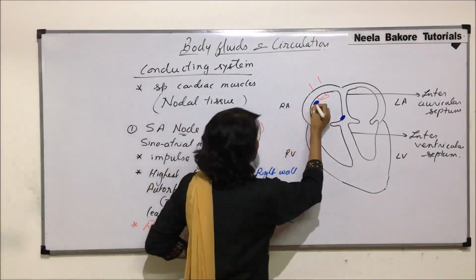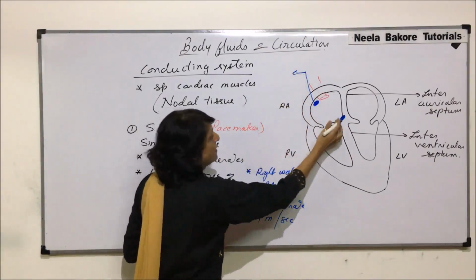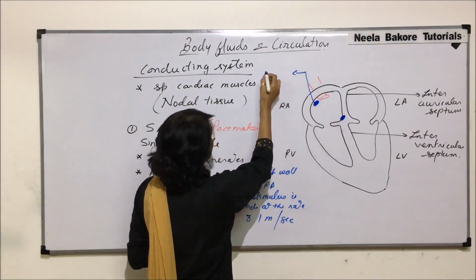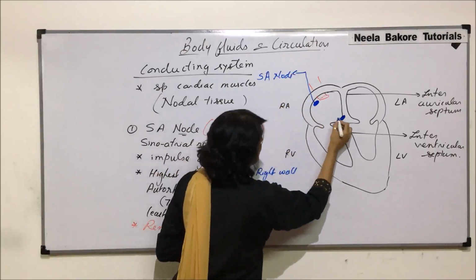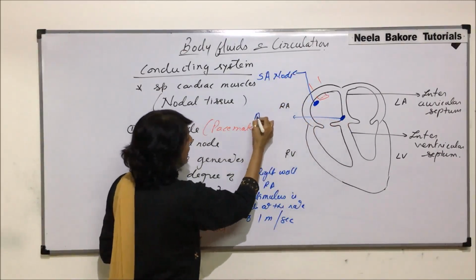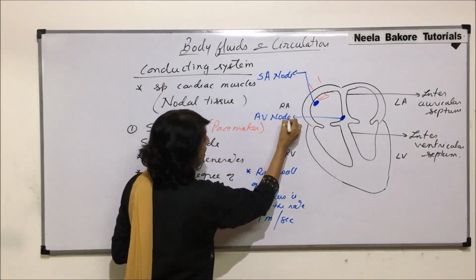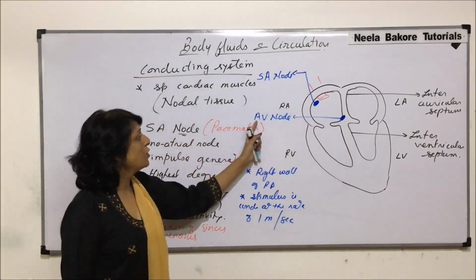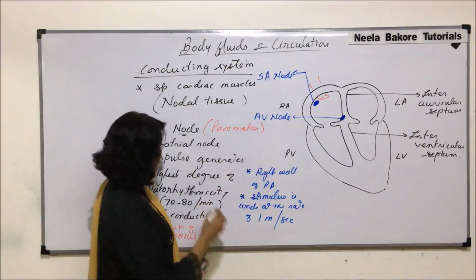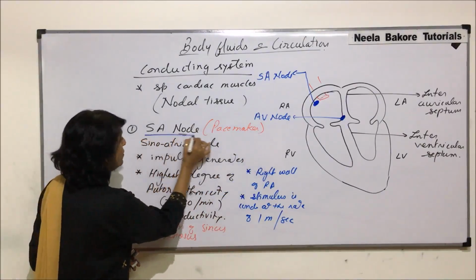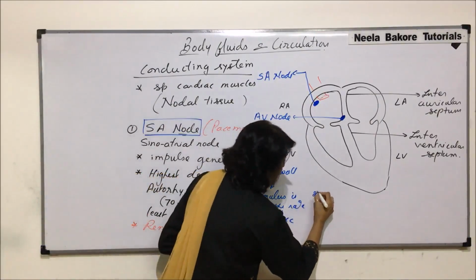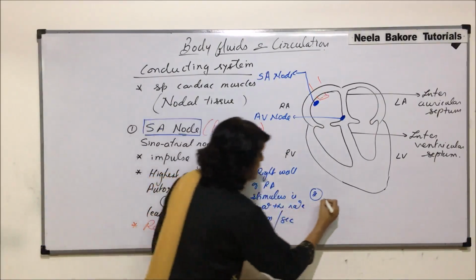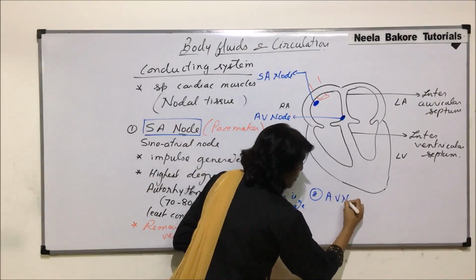So let us label this. This is our SA node, and this is known as the AV node. AV stands for auriculoventricular. So the first structure was our SA node, which is known as the pacemaker. The second structure which we are talking about is the AV node.